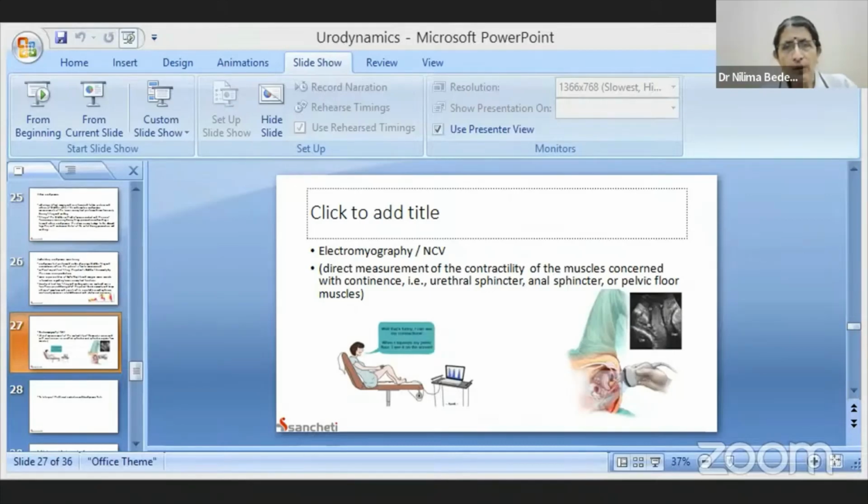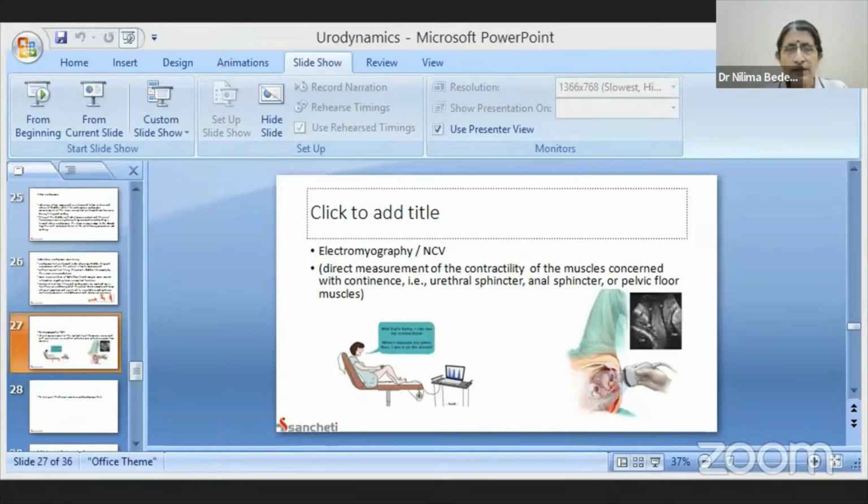Now, from all these findings and studies, how are we going to justify and interpret this? As we have seen, storage symptoms like frequency, nocturia and urgency, we can see with the charts. So it's very important how the person has filled up the chart.